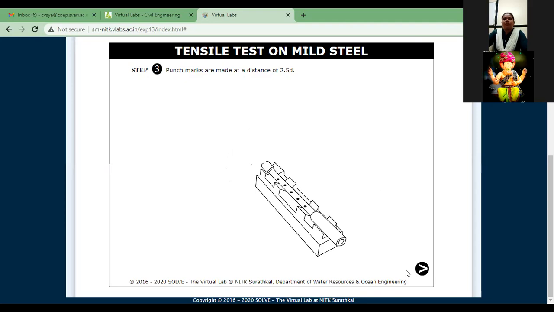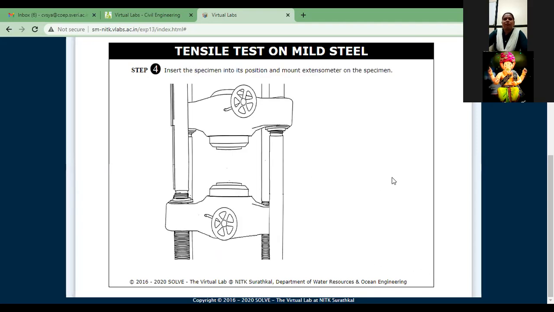After finishing these punching holes, the next step is we have to adjust the distance between these two jaws. When we are going to perform the tensile test, at that time we use this upper and middle crossheads, and when we are going to perform the compression test or direct shear test, at that time we use the middle and bottom crosshead.